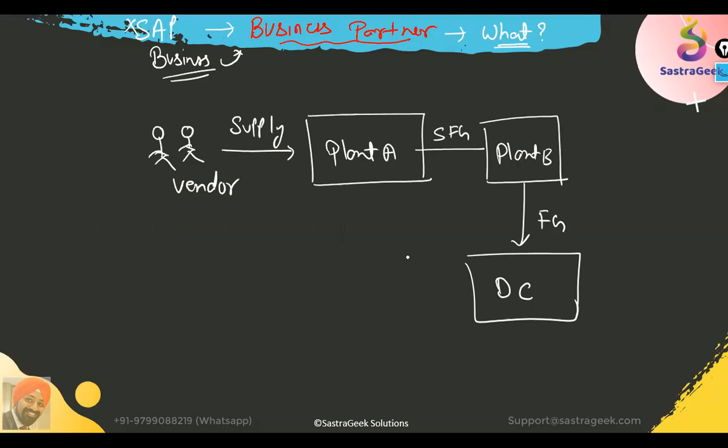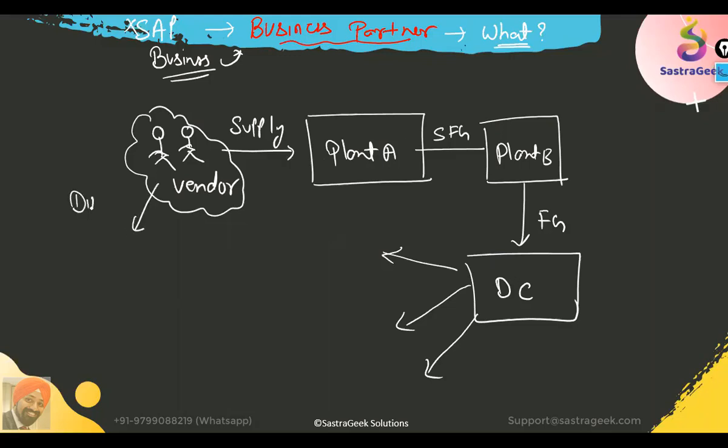Now your distribution center starts selling this material, and this guy who sold you the raw material came up and said that whatever finished product you have produced, I also distribute and sell it. So he is selling you the raw material as well as saying I will buy. Now we say that this is my customer.